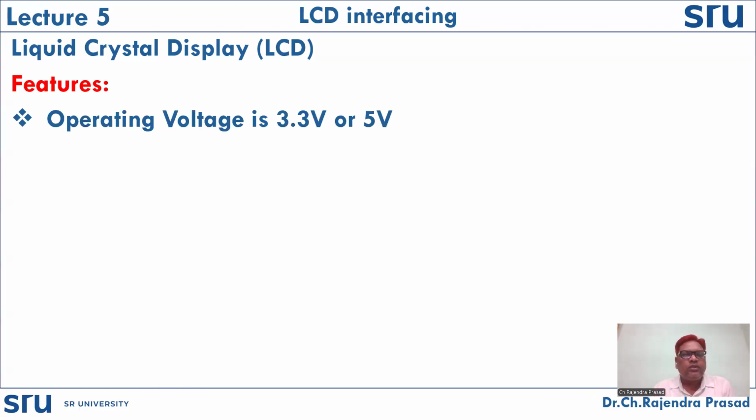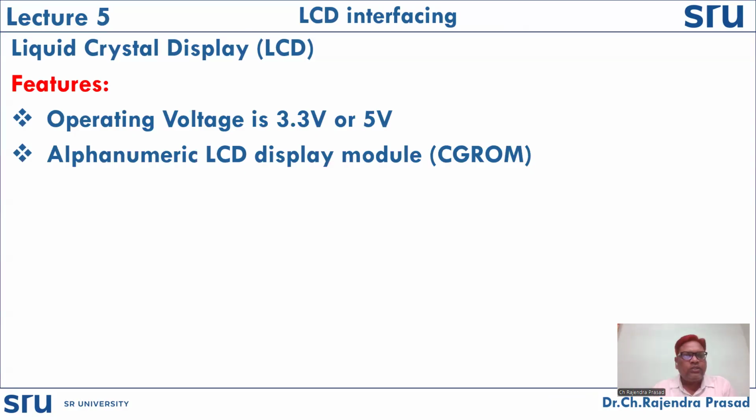LCD operates with 3.3 volts or 5 volts, and it is an alphanumeric display. That means it is able to display all alphabets as well as numbers with the help of the CG-ROM.